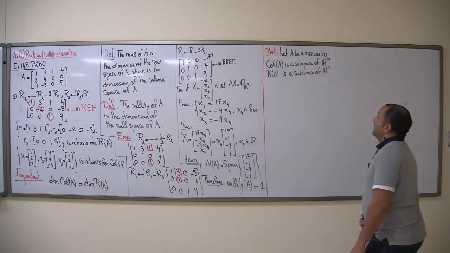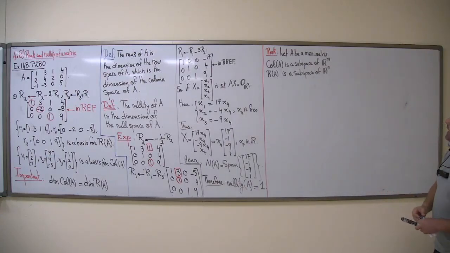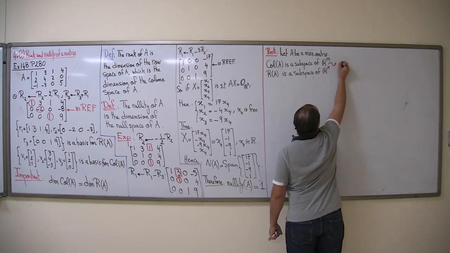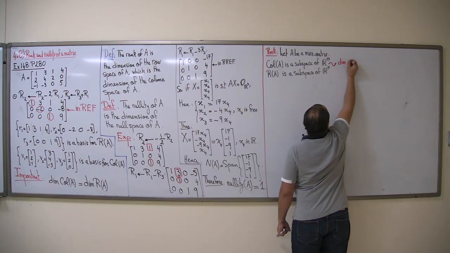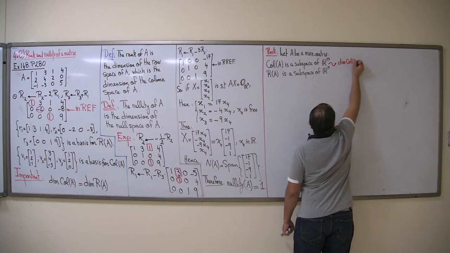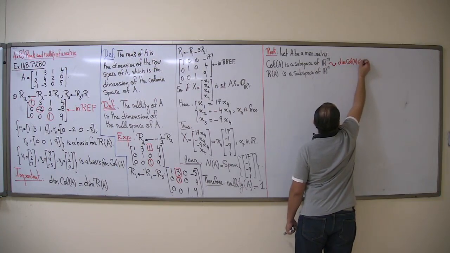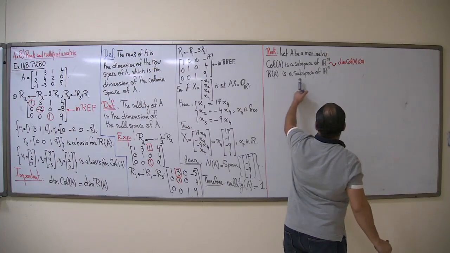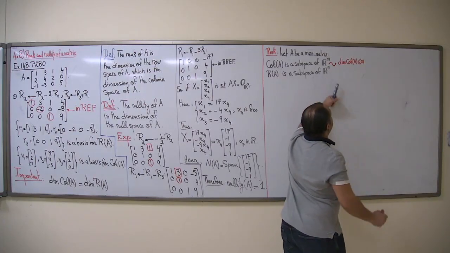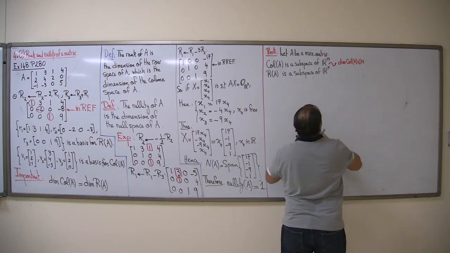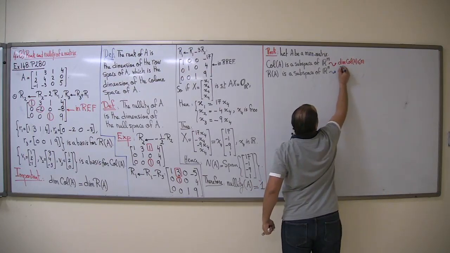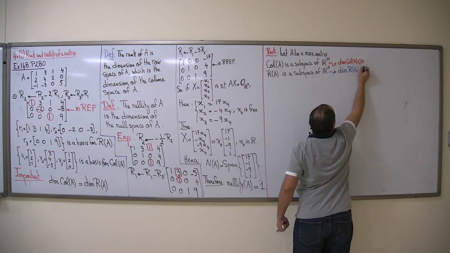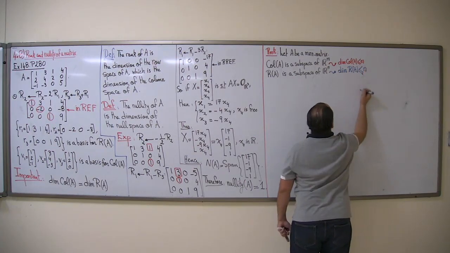Okay. Now, if the column space of A is a subspace of Rm, automatically the dimension of the column space, which is the rank of the matrix, will be less than or equal to M. And if the row space of A is a subspace of Rn, then the dimension of the row space, the rank of A, is less than or equal to N.